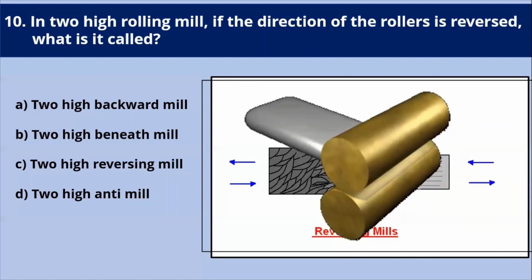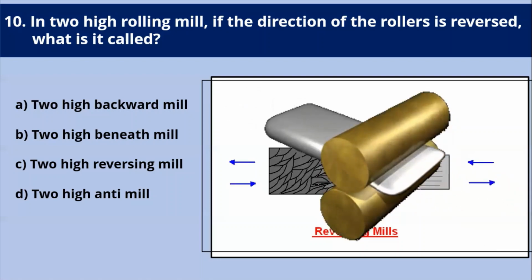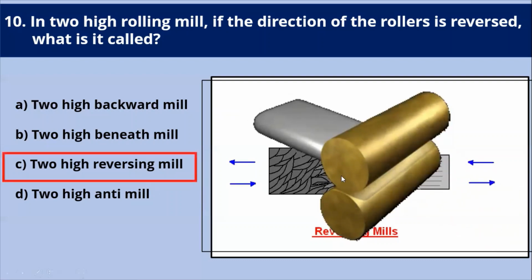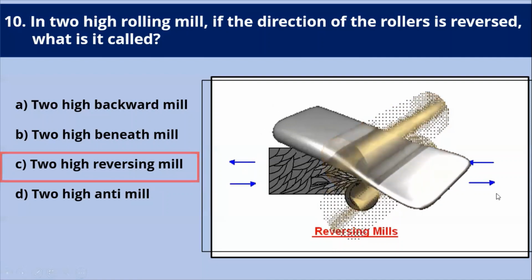That system is called a two high reversing mill. From this diagram I think it is very clear.